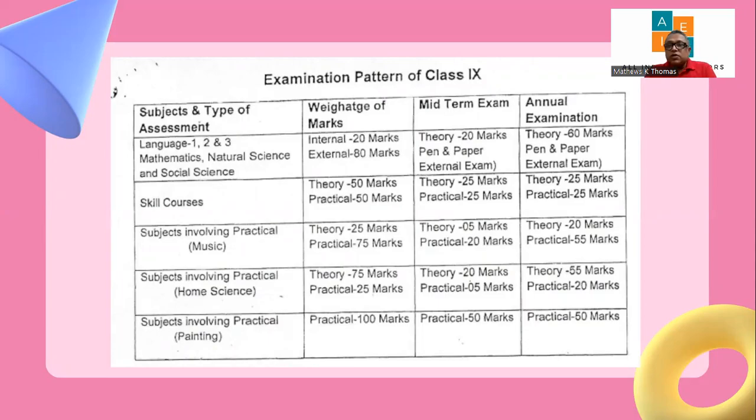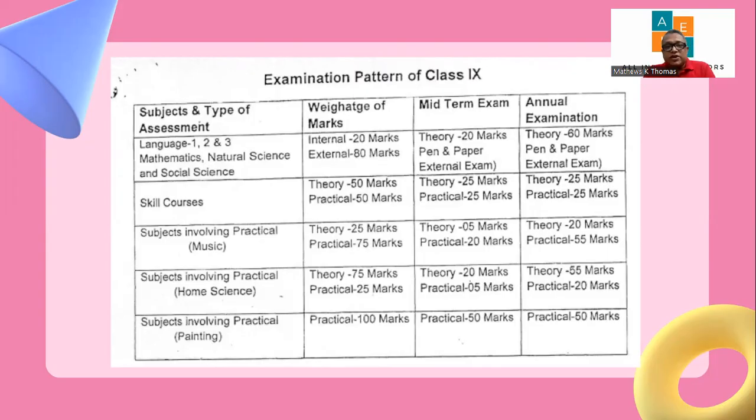So right now in the board exam, all the periodic tests, including midterm, are converted into 5. There is no adequate weightage given to the midterm exam. But as per this pattern of class 9, it is not 80-20 of the finals. Here it is 60% of the finals, 20% of the midterm, and 20% is the internal assessments.